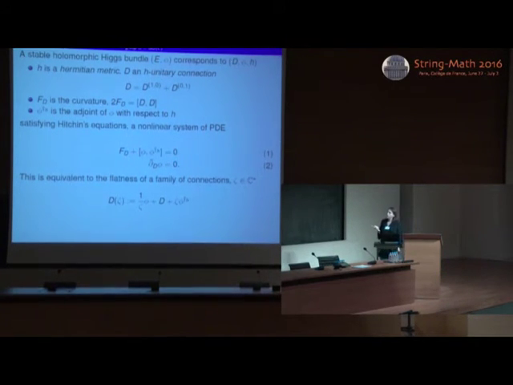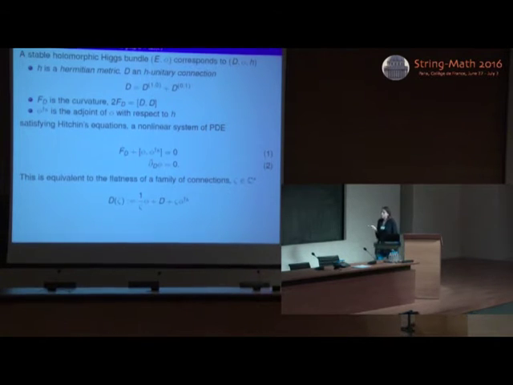So F_D denotes the curvature of this connection, while phi dagger denotes the adjoint of the Higgs field with respect to the Hermitian matrix H. So the second equation gives the holomorphicity, that phi is a holomorphic Higgs field, while the first equation gives the stability condition. So (E, phi) is a stable Higgs bundle.